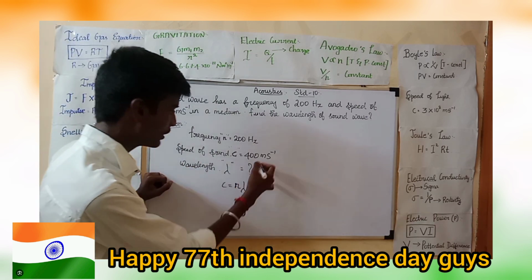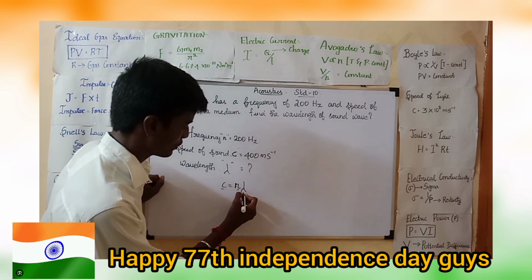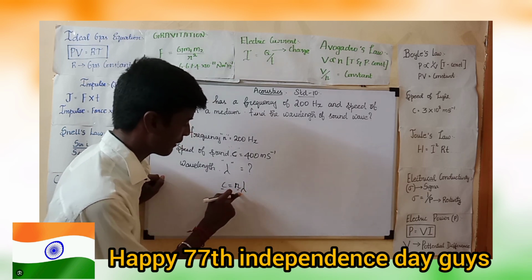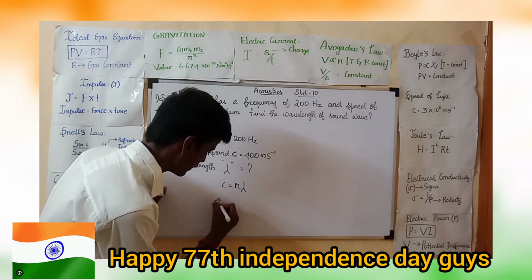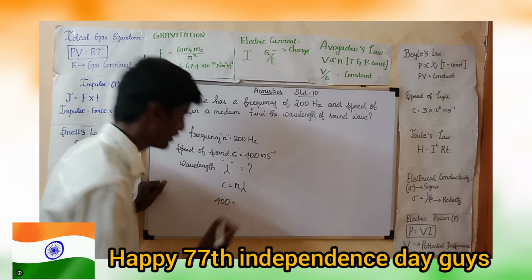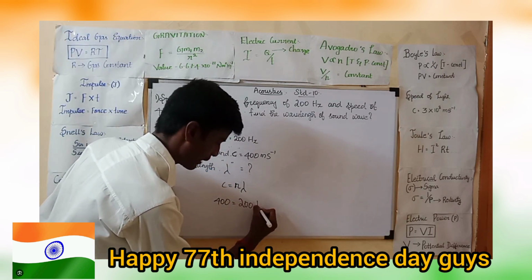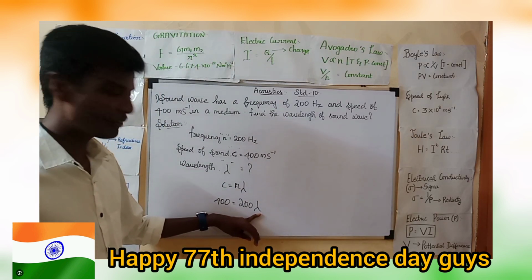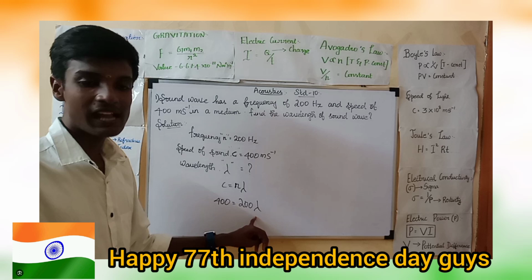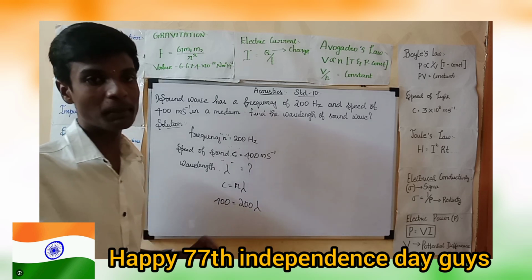Here we know the value of C and N, so we are going to find lambda. What is the value of C? 400 equals N, 200, lambda. Here lambda only we want. 200 lambda means 200 into lambda, both multiplied together.